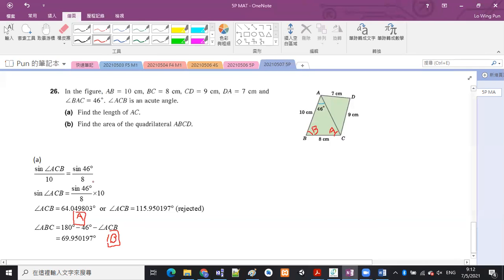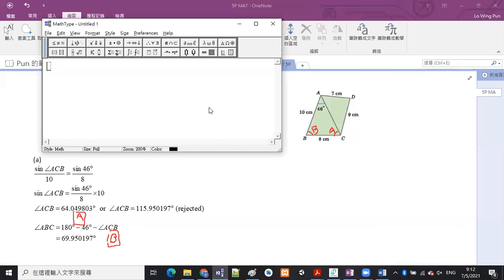So I am going to use cosine formula. AC squared is equal to 10 squared plus 8 squared minus 2 times 10 times 8 times cosine angle B. Okay, angle ABC. And then you just use the calculator here or formula 2.